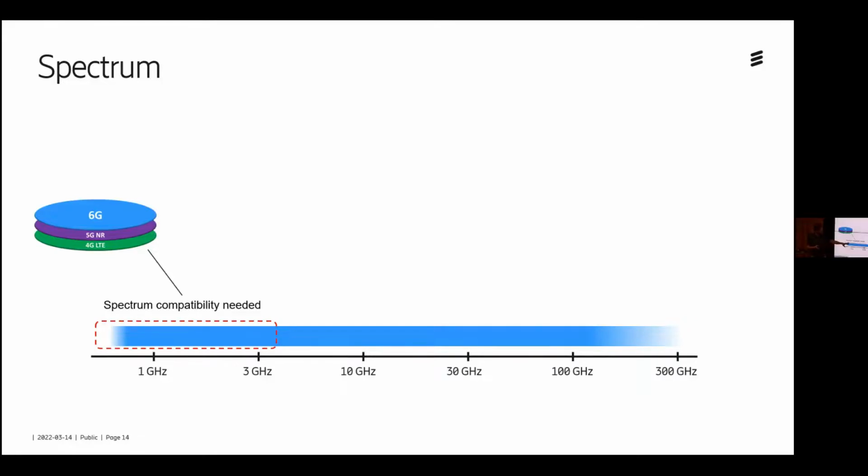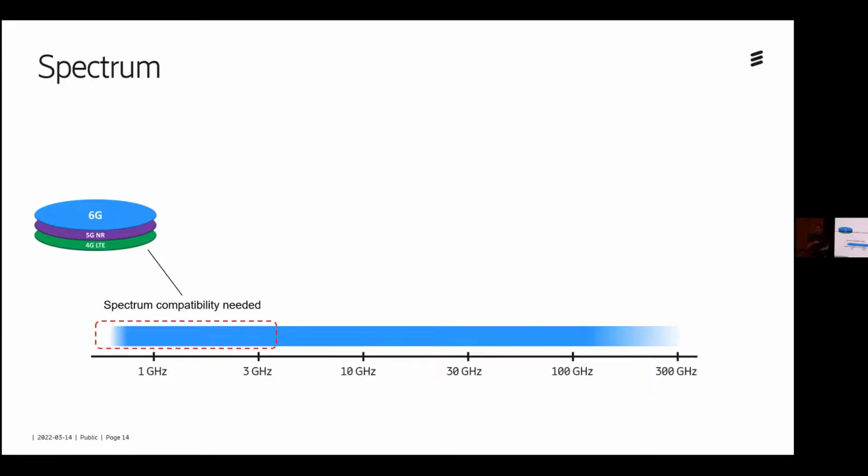And that's fine. The aspect one needs to take into account, though, is that there are already cellular networks running in this frequency range, 4G and 5G, for example, and they won't disappear overnight. So if an operator would like to introduce 6G, it needs to be introduced in what I call a spectrum compatible way. You need to have a 6G that in one way or another is able to operate on top of a 5G and a 4G carrier. We actually did that when we introduced 5G.